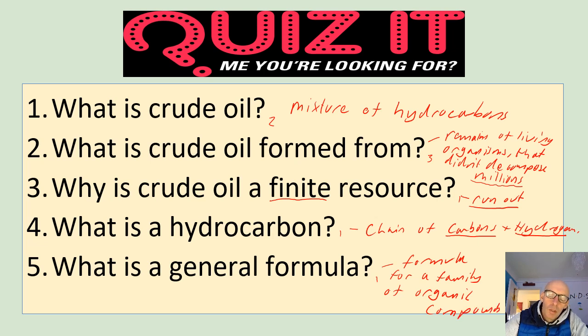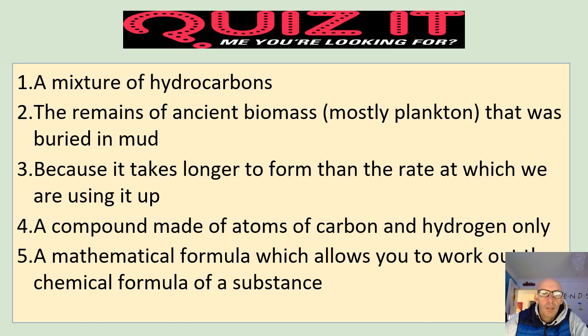The example that you should know already is that for the alkanes, the number of hydrogens is 2n, so you double the number of carbons and then you add 2. And those of you who were in the live lesson, I know 3 or 4 of you got that before I even told you that. So well done. Okay, there's the answers.